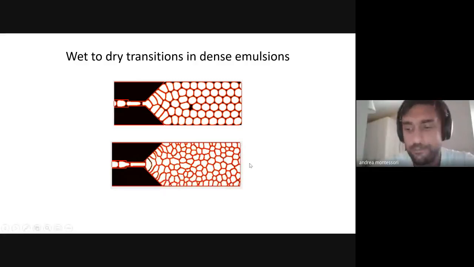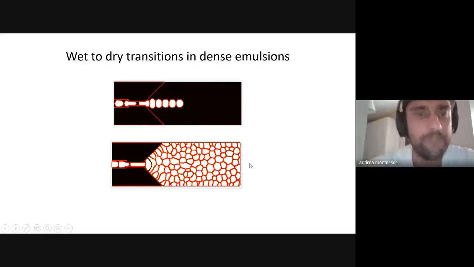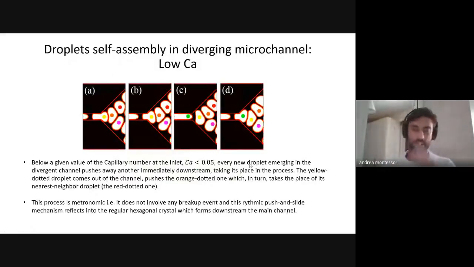So, before starting the discussion about this transition, I would like to talk about the phenomenology of the early stage formation of the cluster within the microchannel.